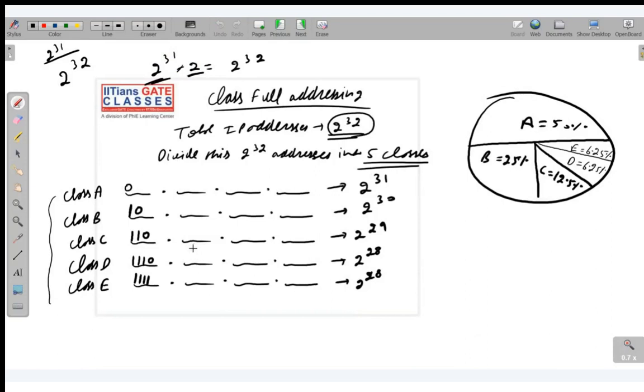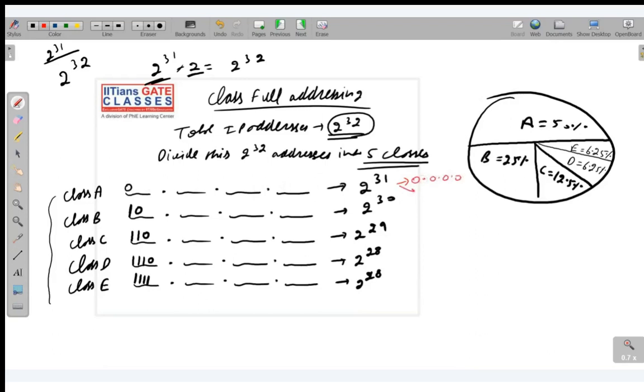So let me tell you that also. How will you find the first address of class A? I have to do it here itself because it will be easy to visualize. The first address of class A will be what? Can you tell me? All zeros will be there, right? Here 0, and the other 31 bits are all zeros. So you will get 0.0.0.0.